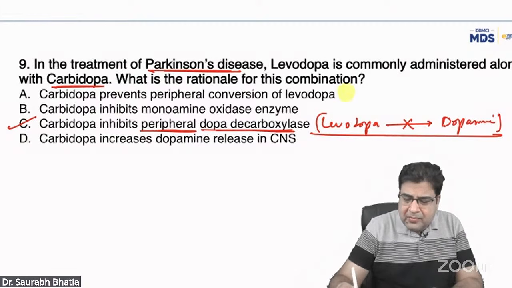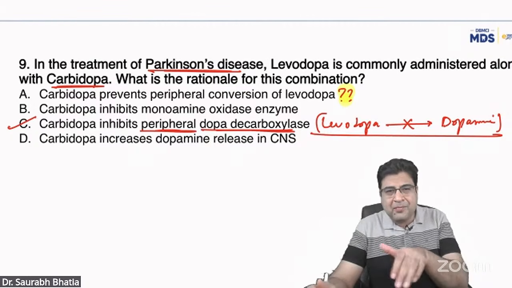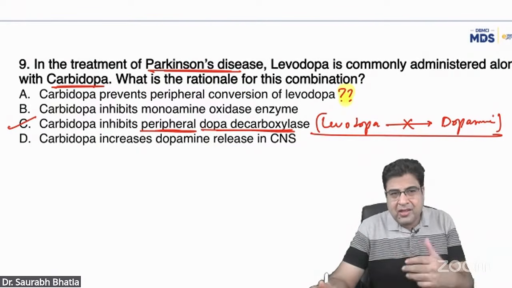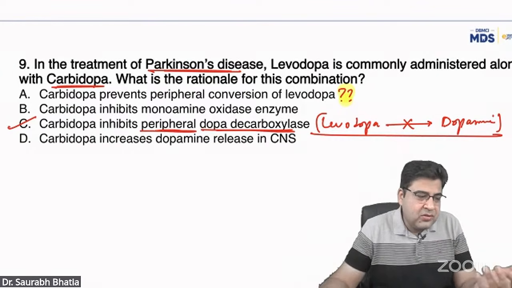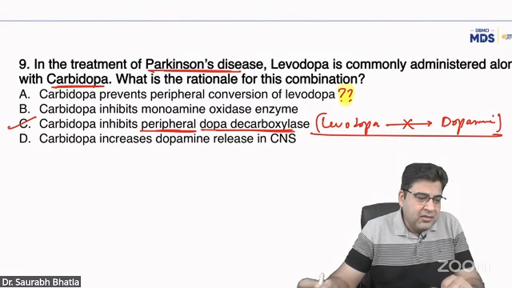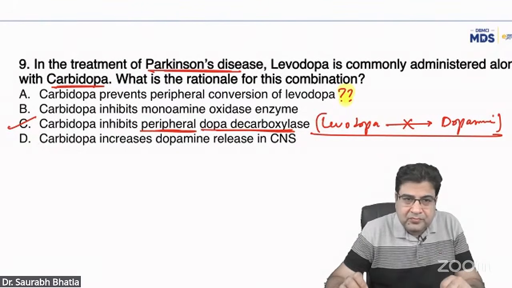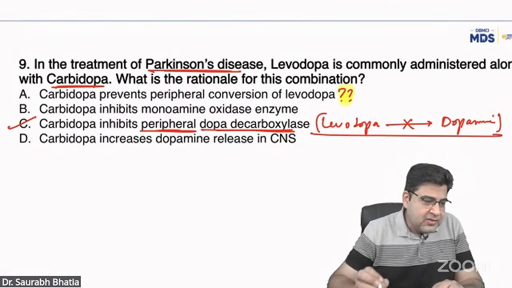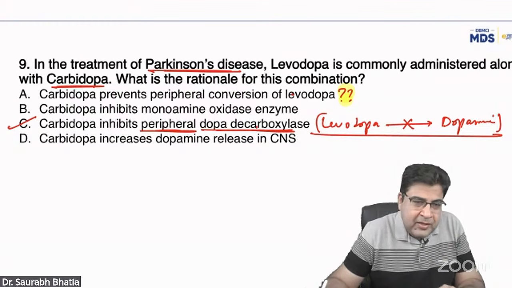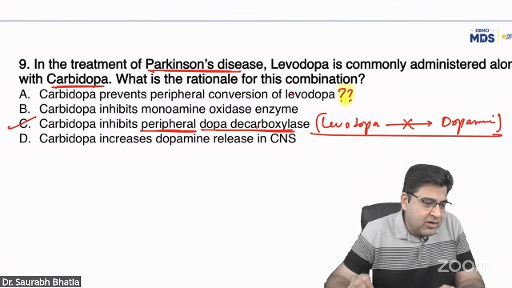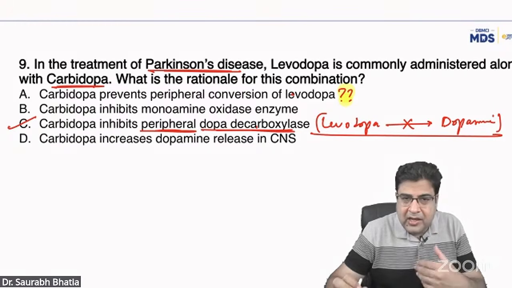I know there is some confusion here because option A is almost the same thing, but I found it incomplete. You can see if you read option A, carbidopa prevents peripheral conversion of levodopa to what? This is an incomplete statement. In case option C was not there, then the answer would have been A. So guys, have you got the concept?